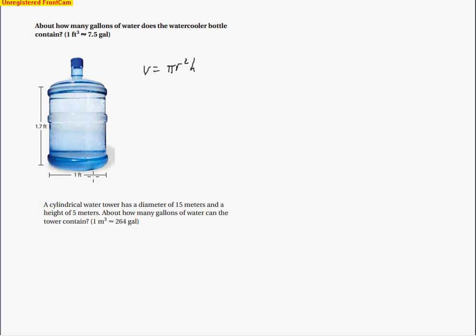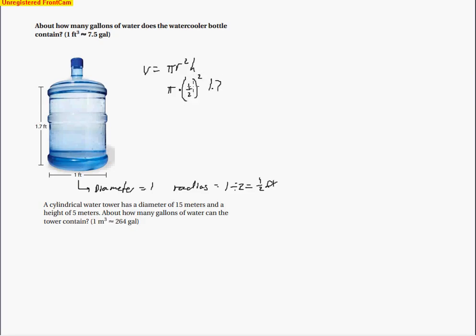Well, this is the diameter again, so we always have to watch for that. So diameter equals 1. The radius equals 1 divided by 2, which is 1/2 foot.